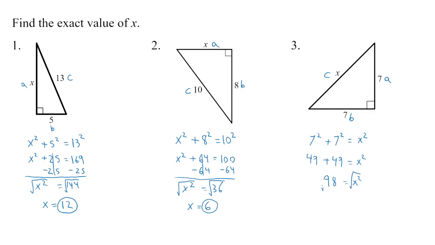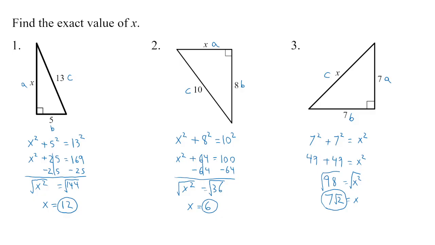Take the square root of both sides, and you'll have 7 times the square root of 2 equals x. Therefore, the solution is 7 times the square root of 2.